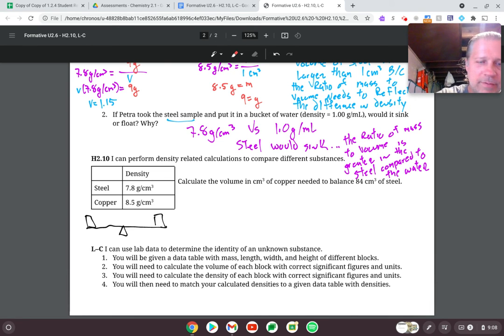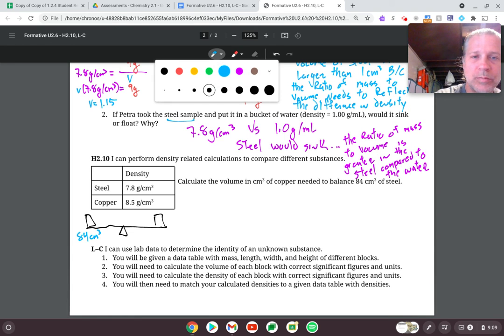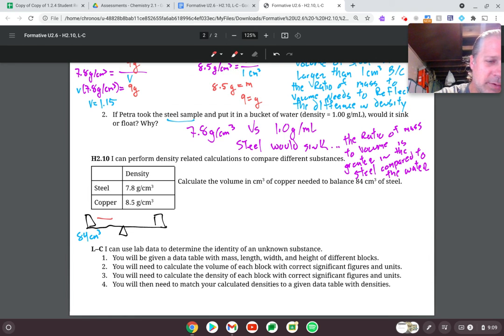And so if we have 84 cubic centimeters for my steel, what we're really looking for is the amount of mass that will make the copper balance. So that's the first step.